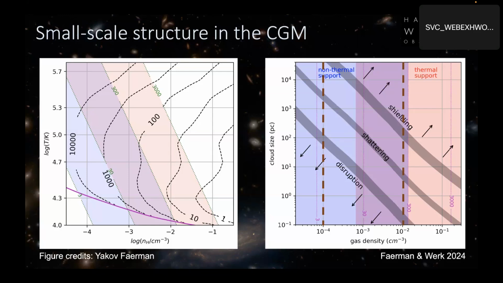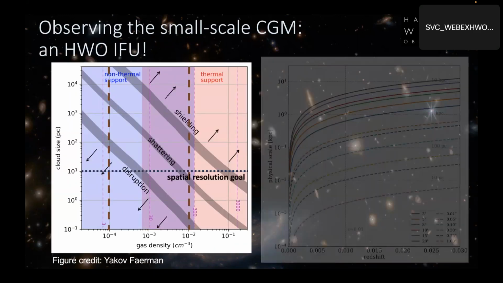So for a relevant range of CGM density, 10 to the minus 4 to 10 to the minus 2 per centimeter cubed, we set our spatial resolution goal for an integral field unit observation at 10 parsecs, which would allow us to observe clouds in the shattering regime and rule out those larger cloud scenarios.